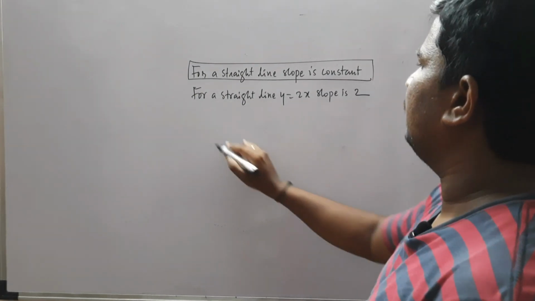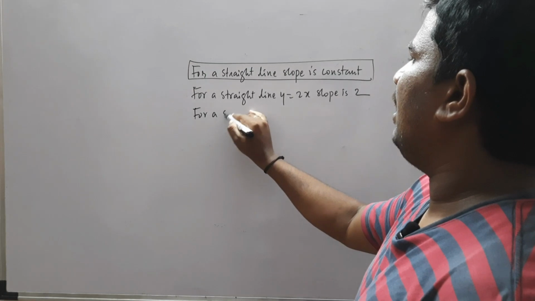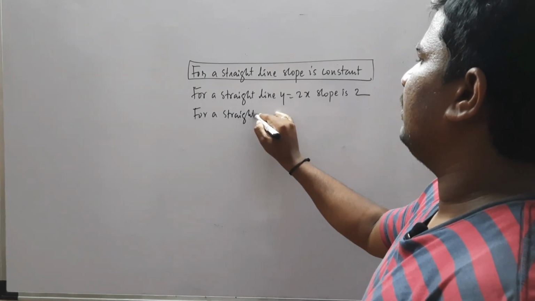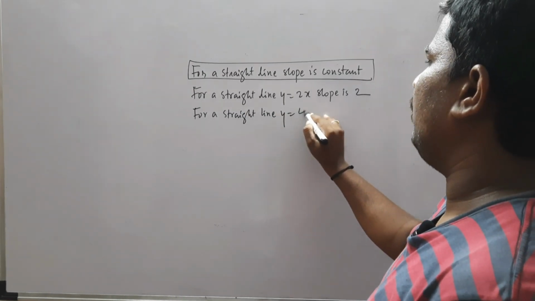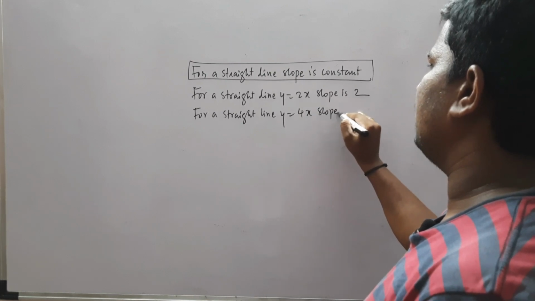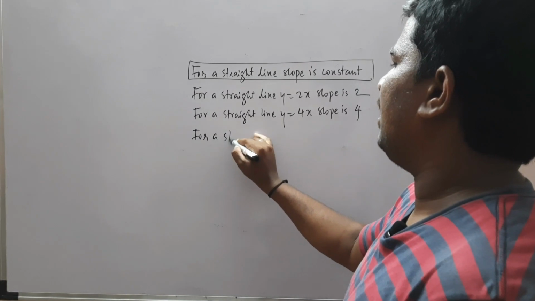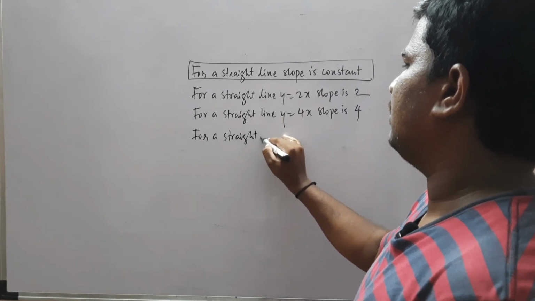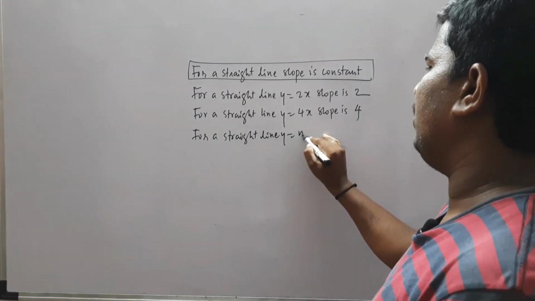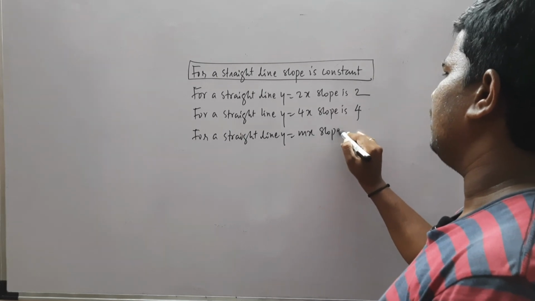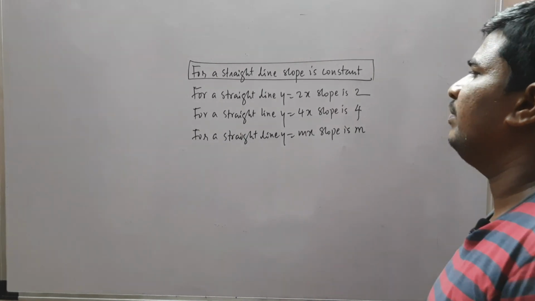2. Okay, similarly I can write for a straight line y equal to 4x, slope is 4. Similarly for a straight line y equal to mx, what is slope? Slope is m.